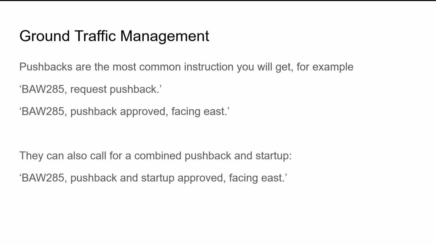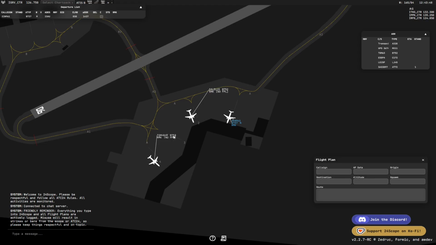Just use that direction. You ready? Tomjet 4049 request pushback and startup. Tomjet 4049, pushback and startup approved, face north. Push and startup approved, face north.